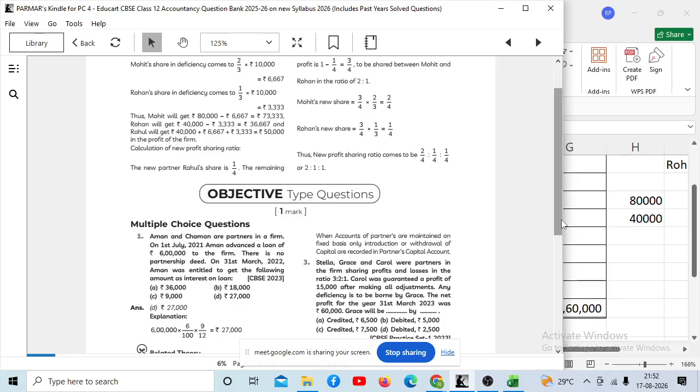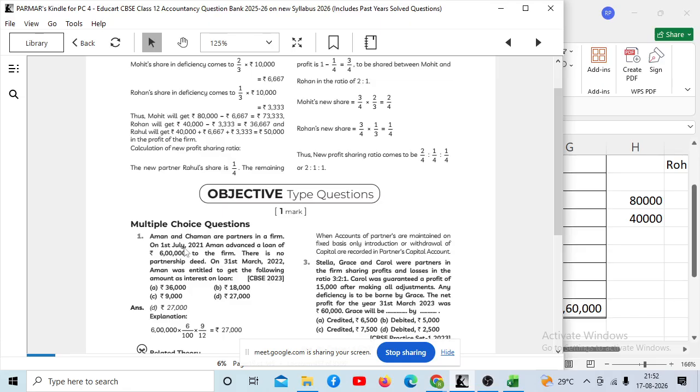So tell me, since there is no partnership deed, what interest will he get? At what rate? At 6%. And when has he given the loan? In July. And what is the year ending? 31st March.